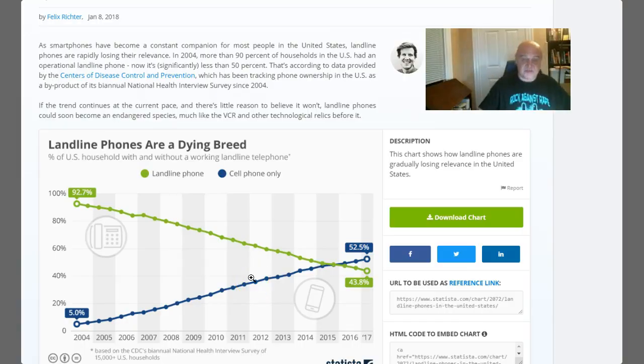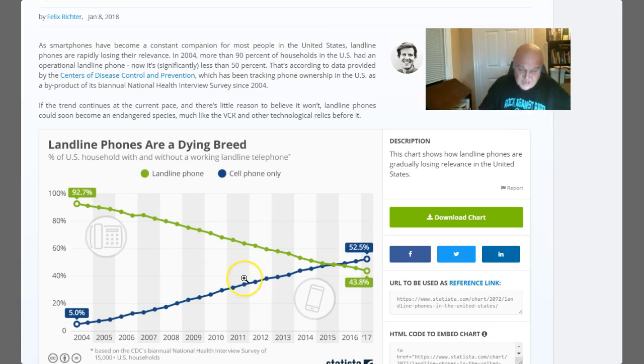Our last example of technology and social change has to do with the death of the landline. Again, I personally got rid of my landline in 2011. So I was an early adopter of cell phone only, particularly for people in my age cohort.